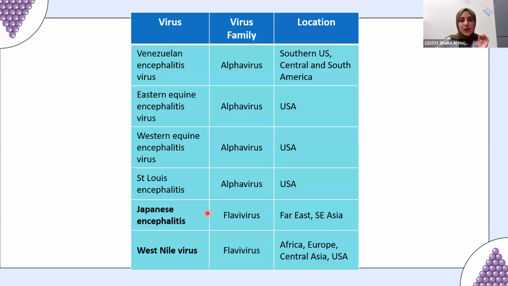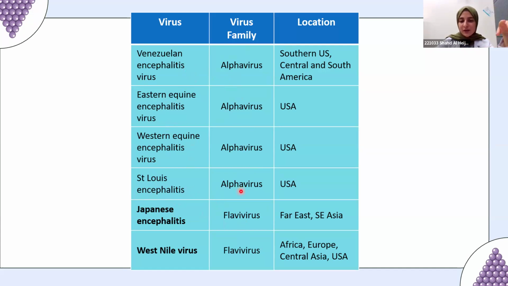We talked about Toga virus. Now, those are the things that cause encephalitis. So those are the viruses that will affect the brain, under the alphavirus and flavivirus family. Under alphavirus, you have the Venezuelan encephalitis, Eastern equine, Western equine, all those, and Japanese encephalitis.